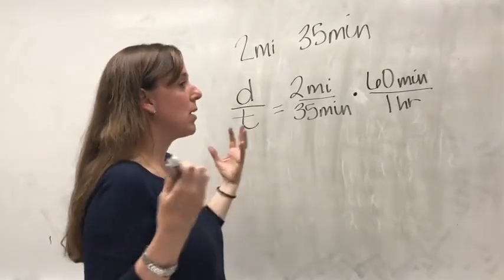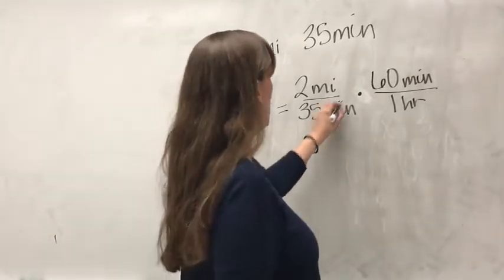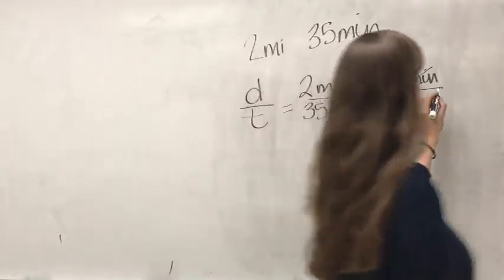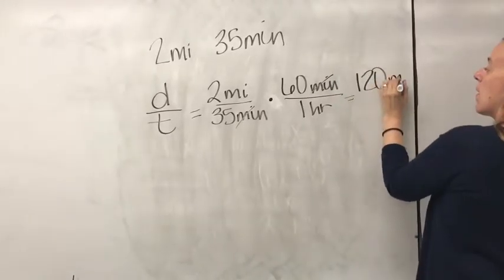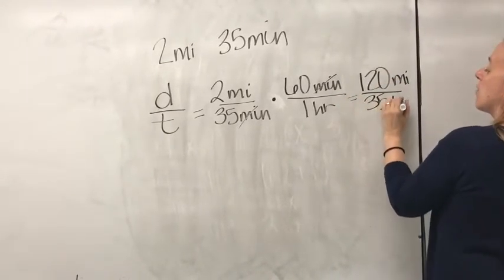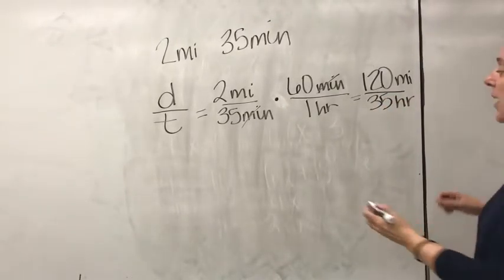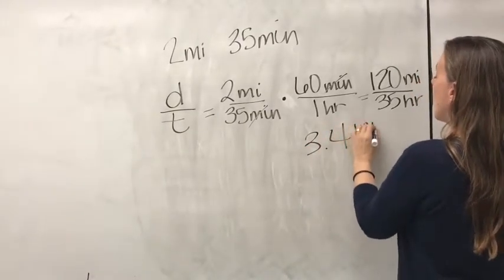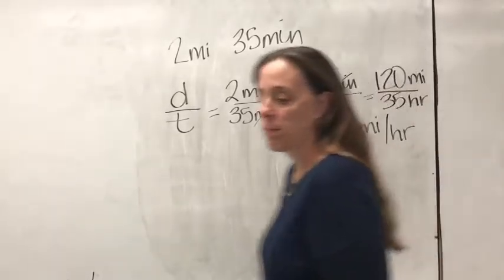So that's going to be miles per hour, okay? So our minutes here are going to cancel out, and we're going to multiply this, and we're going to get 120 miles over 35 per hour, and then you're just gonna divide that and you're gonna get 3.4 miles per hour, okay?